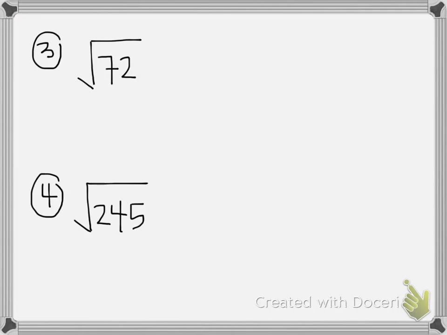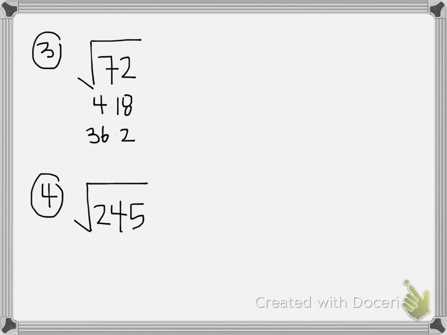Okay, so take your 72, divide it by perfect squares. So 72 divided by perfect square 4. So that's 72 is 4 times 18. But it's also 36 times 2.